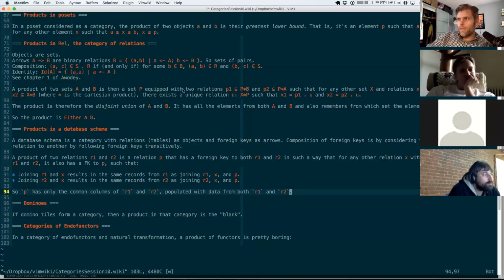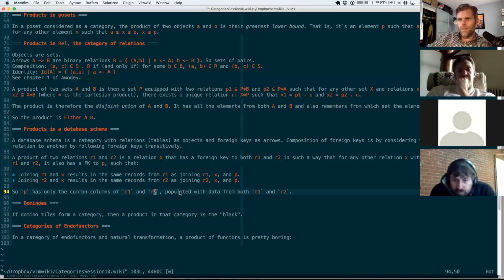So it's sort of similar to the disjoint union where we had all the elements of A and B. So in the product of these two tables, we have all the rows from both of these tables, except we only have the columns that are necessary to satisfy this product. Does that make sense?